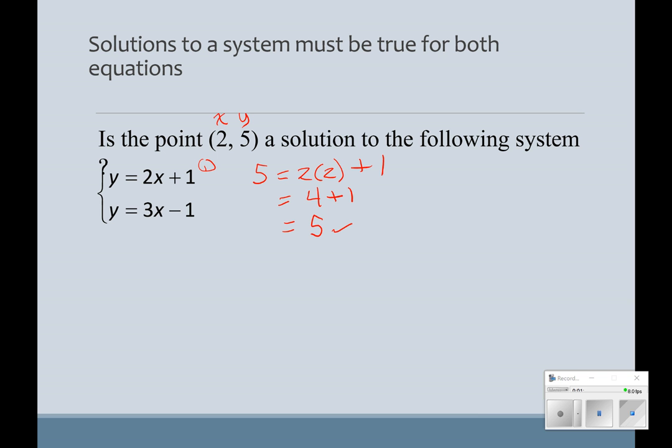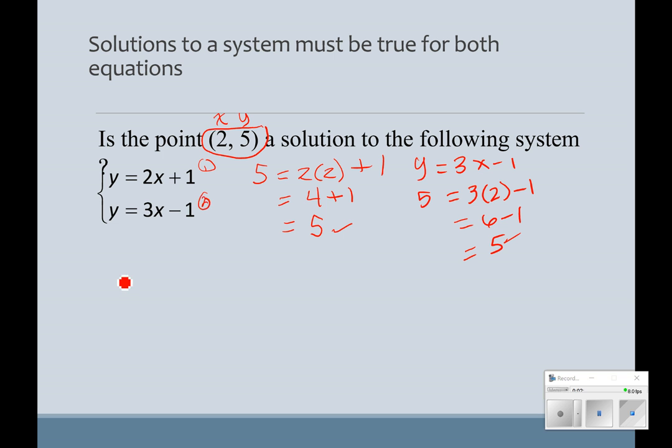If I plug it into the second equation, y equals 3x minus 1, I'm going to put the 5 in for the y, the 2 in for the x, and simplify. So 3 times 2 is 6, and 6 minus 1 is absolutely 5. So we know that that is the solution, or a solution.